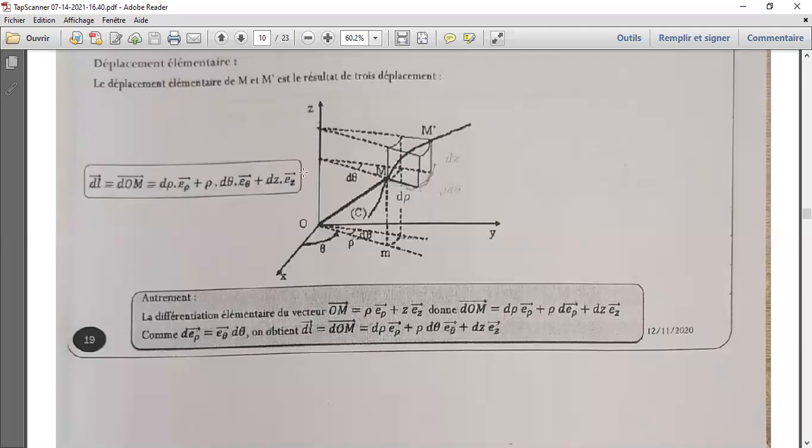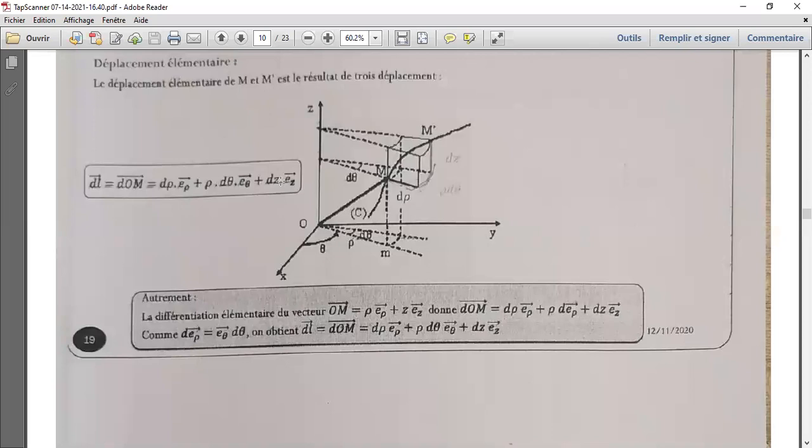But for a surface you always use only two of them. So for me to calculate the surface area, either I can do d rho times rho d theta, or rho d theta times dz, or the other way around.